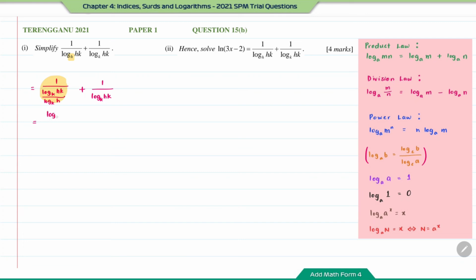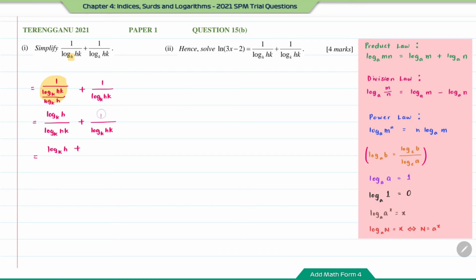So when you change to multiplication, then it's going to be the reciprocal. So it's going to be log base k of h over log base k of hk plus 1 over log base k of hk. So this is fractions. So now I can combine this as a single fraction because the denominators are the same. So here is going to be log base k of h plus this number 1.